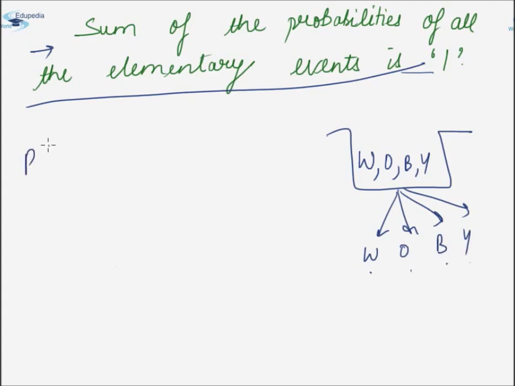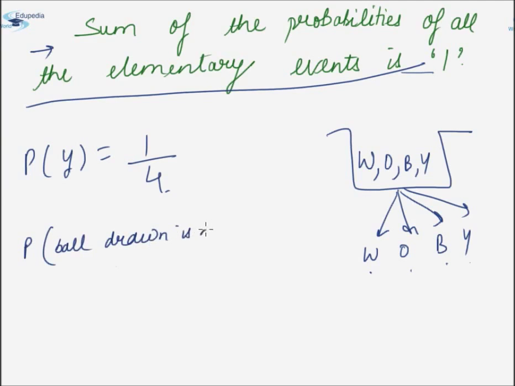Then again the probability of the ball to be, say, yellow will be given by 1 over 4 as discussed in the previous case.